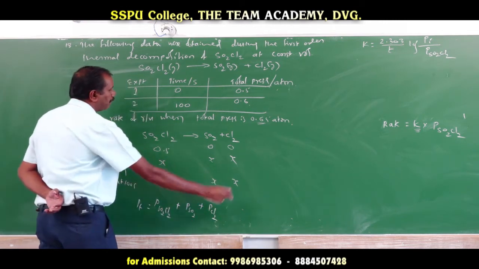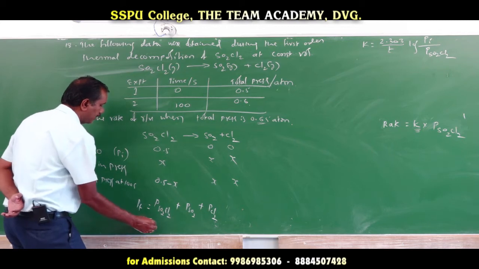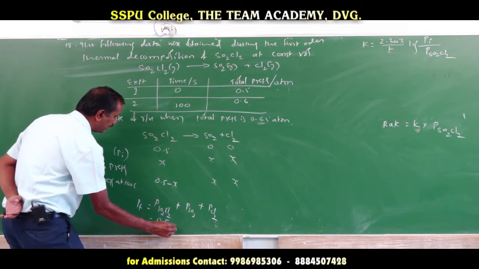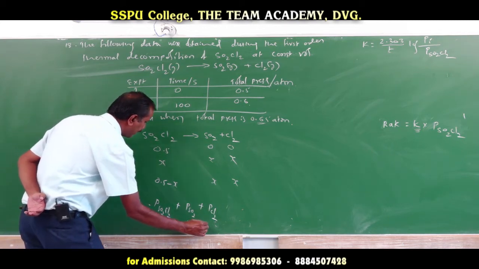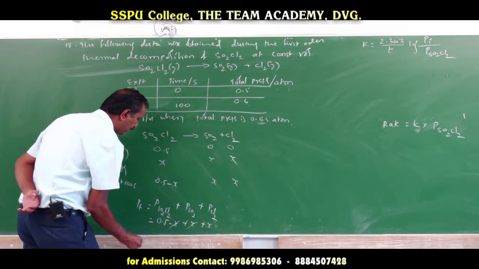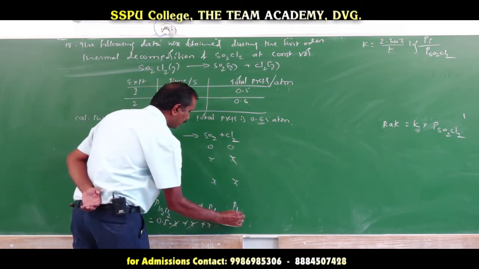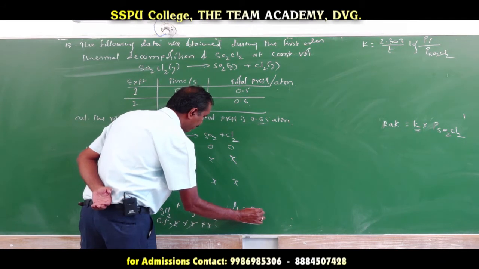By adding the partial pressure of all three, we get PT. So this is 0.5 minus X, this is X, this is X. These two cancel, where PT becomes 0.5 plus X.